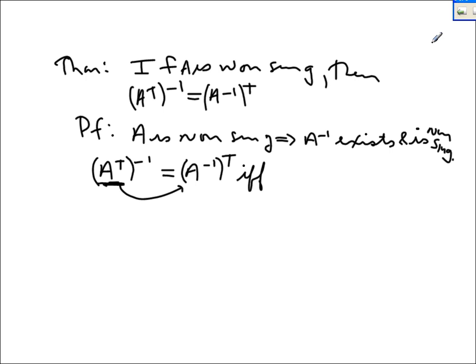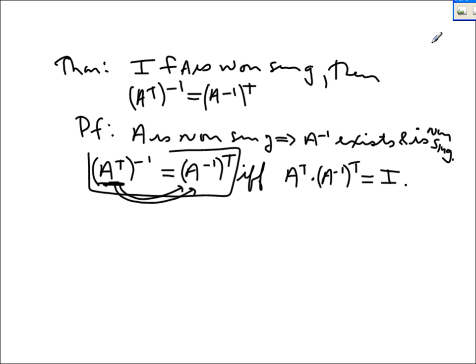If I take A transpose and multiply it by its inverse, I should get the identity. That is, this statement is true only if this statement is true.